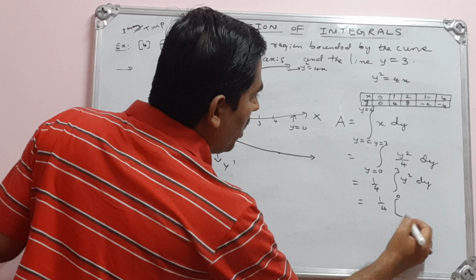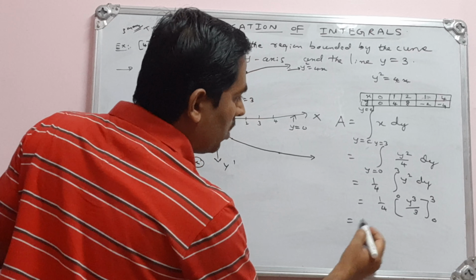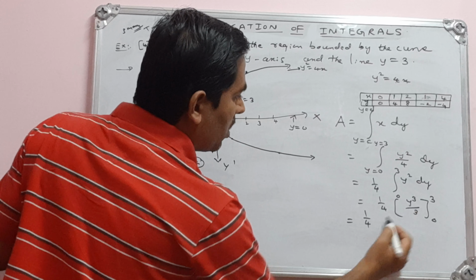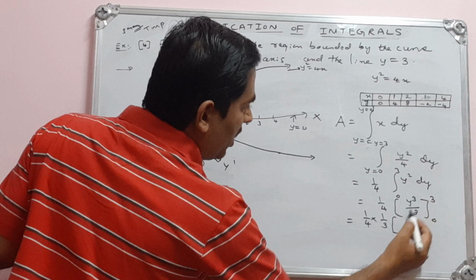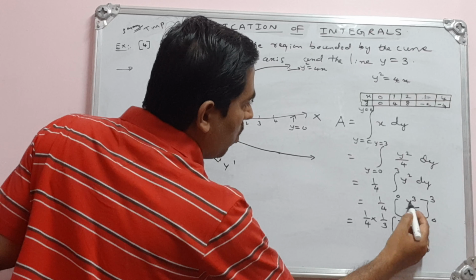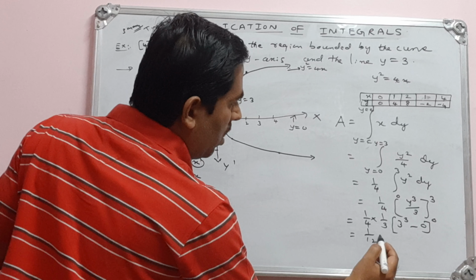So 1 by 4 into integration of y square is y cube by 3, from 0 to 3. Write 1 by 4 as it is, then take this 3 outside, 1 by 3. The upper limit is 3 cube minus the lower limit 0, and 0 cube is 0 only. So 1 by 12 into 3 cube.